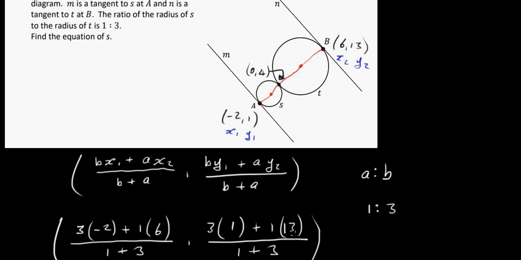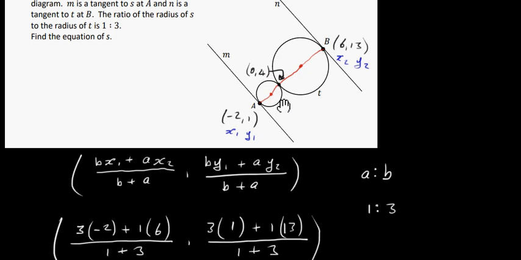Now, how is that going to help us? Well, what we can do with that is, first of all, we can find the midpoint between 0, 4 and -2, 1. The midpoint will give us the center of the circle S, and that's one of the things we need in order to find the equation of the circle. The other thing we need is the radius.